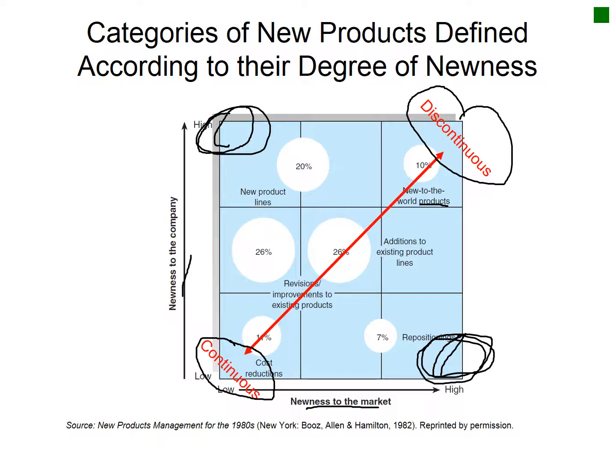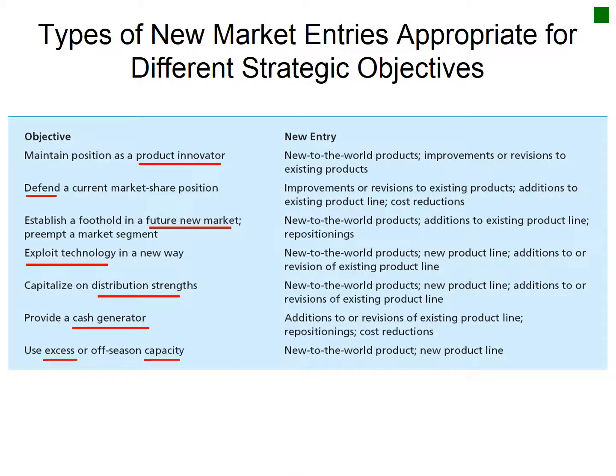So this is just a little bit of a discussion of where different types of product innovations lie and how rapidly they become accepted in the marketplace, which is reflected in the product life cycle, and how quickly we go through the multiple stages of the product life cycle. To wrap this up, we have different definitions of products and then different objectives that we have relative to our product type.